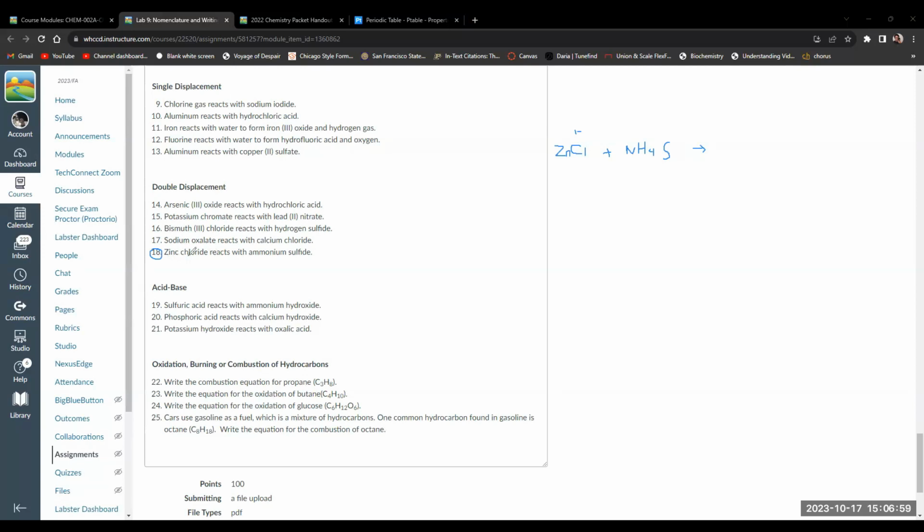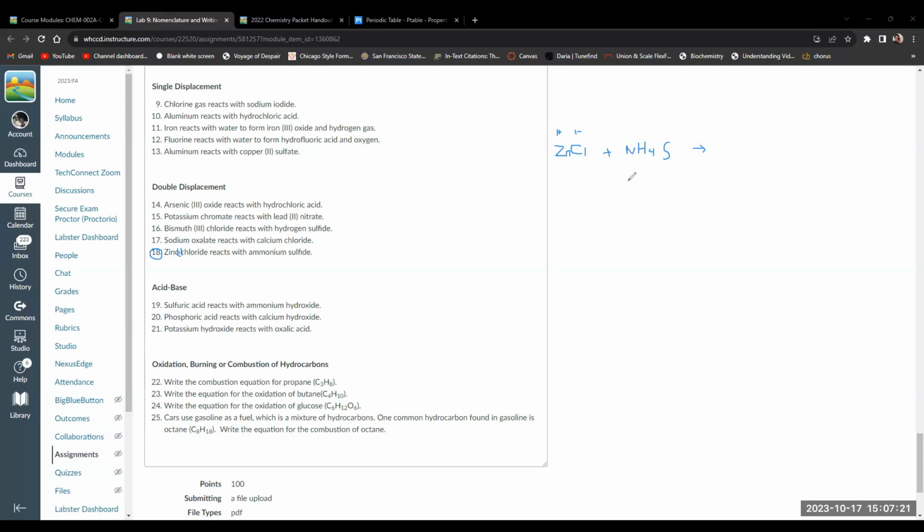So zinc chloride here is the same as zinc 1 chloride, because you guys are starting to notice how little 1 is written in chemistry. So yeah, zinc chloride is balanced.